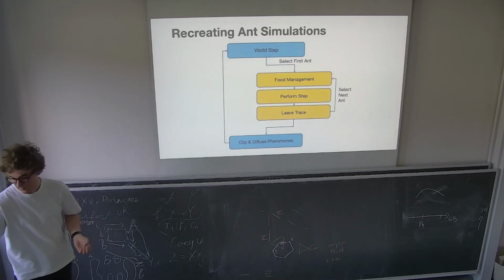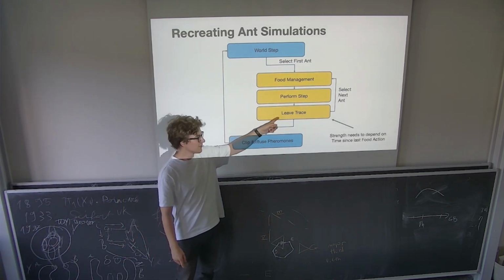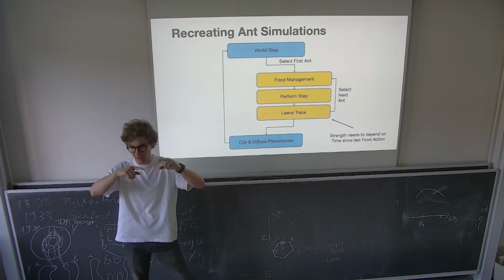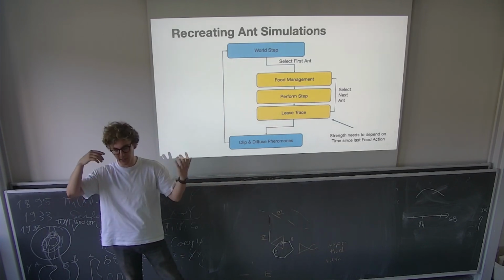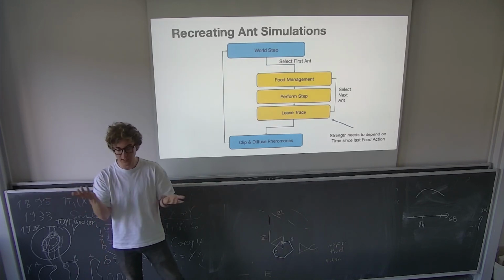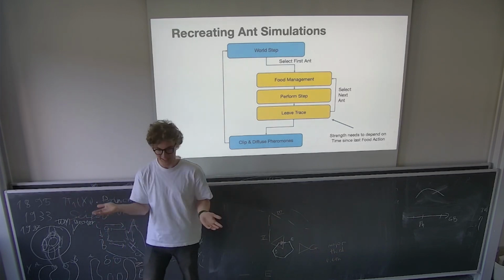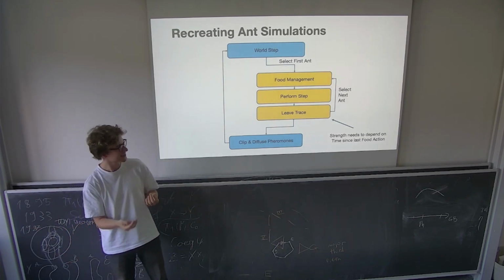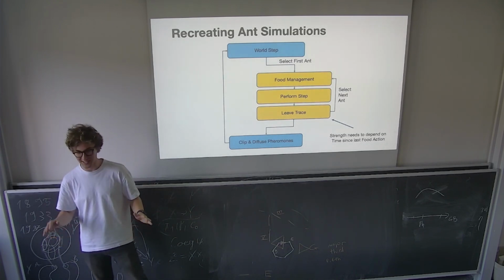The problem is that the strength of the pheromone being left behind needs to depend on how long ago I picked up a food source or how long ago I dropped a food, in order for a gradient to emerge, and then follow the gradient to the specific thing. Yes, I know, it's very trivial and clear, but it wasn't stated anywhere specifically, and it took me a lot of time to figure this out.